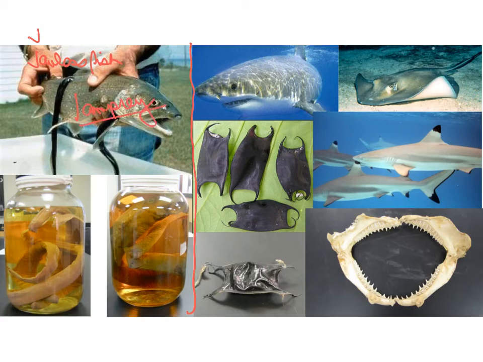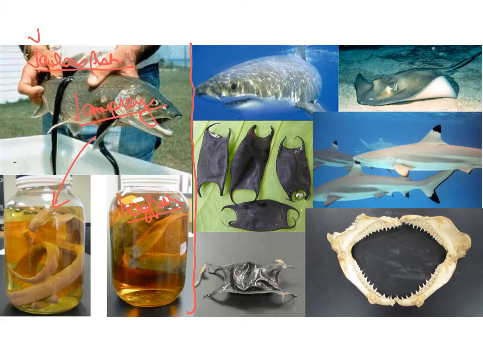And then, to be perfectly honest, it's very hard to tell in this picture because you see some horrible stuff in jars. But basically, I'm pretty sure this is the lamprey, this is the hagfish. And you'll learn more about that in lecture, or you already have. But these are considered jawless fish.